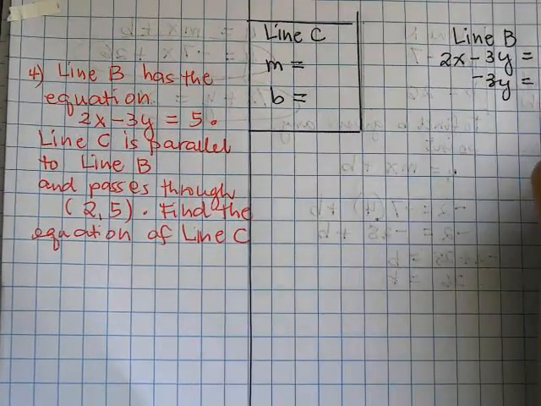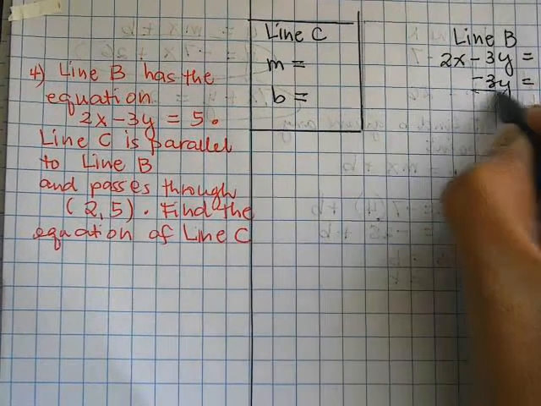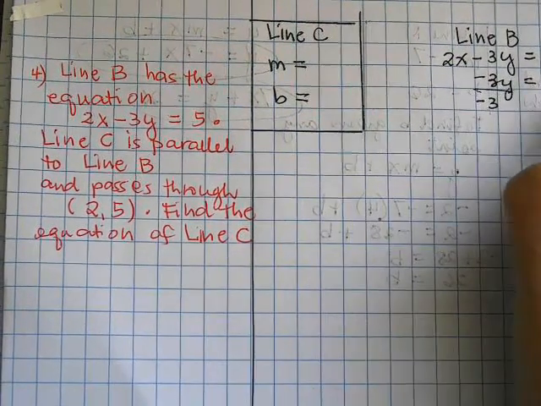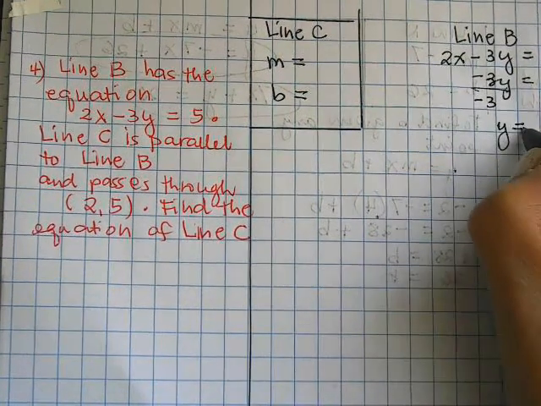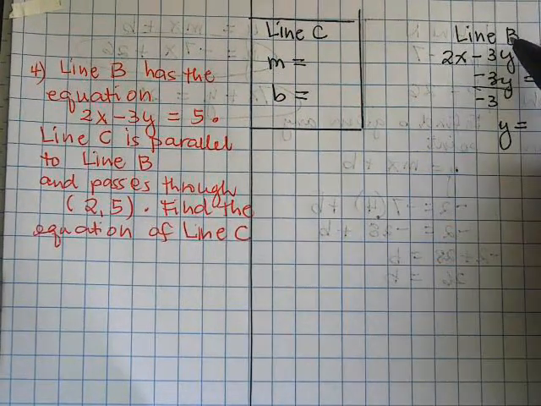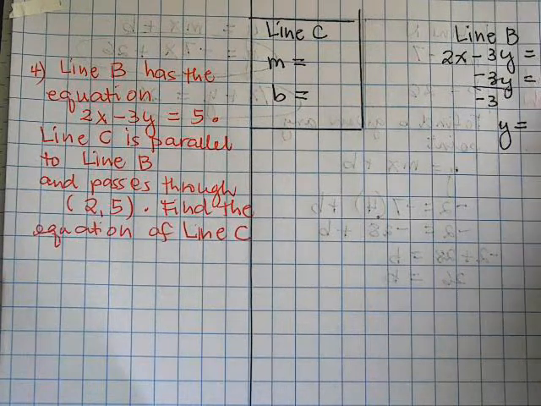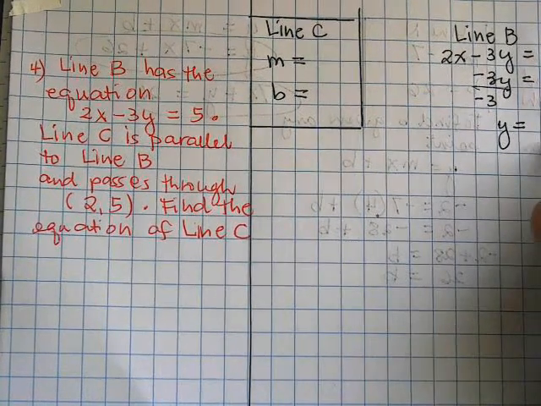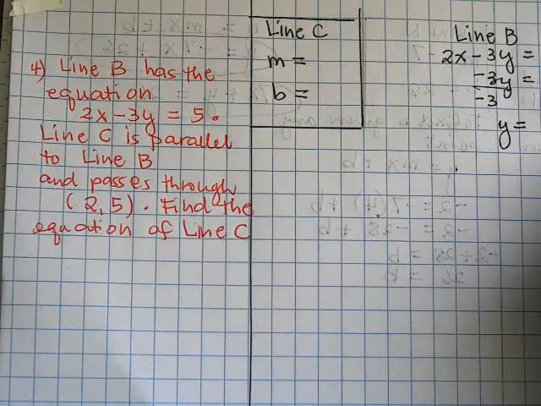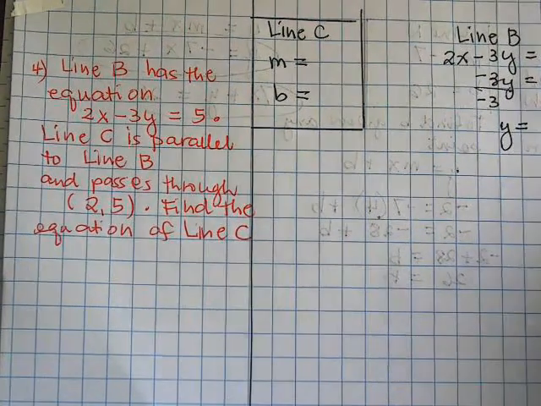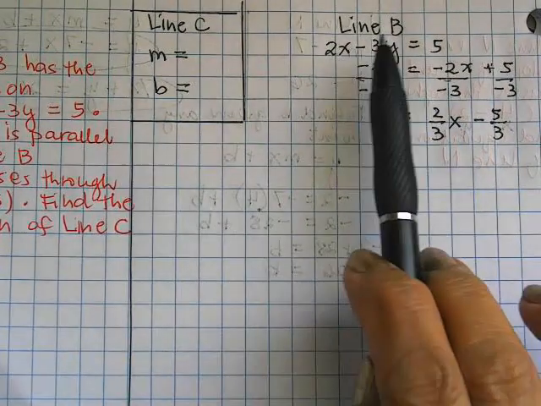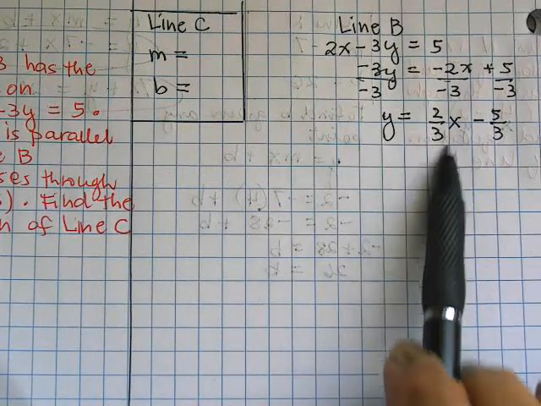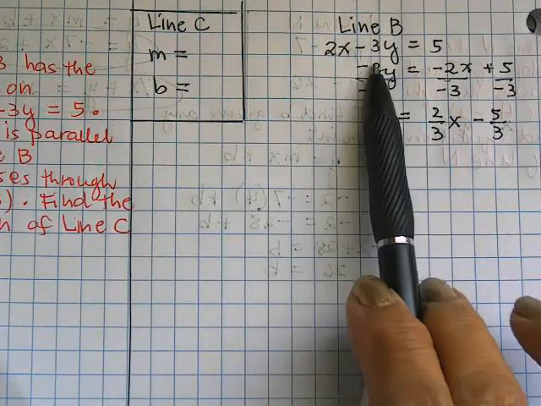So the slope-intercept form of line B: negative over negative is positive, positive over negative. Okay, so this is line B in slope-intercept form. You found out that the slope of line B is 2/3 by converting it.